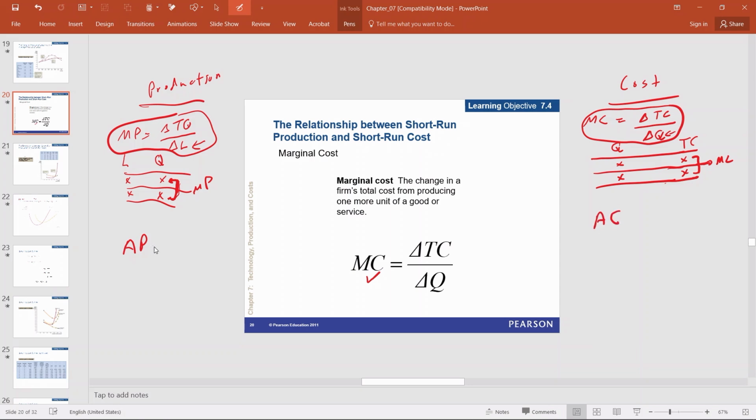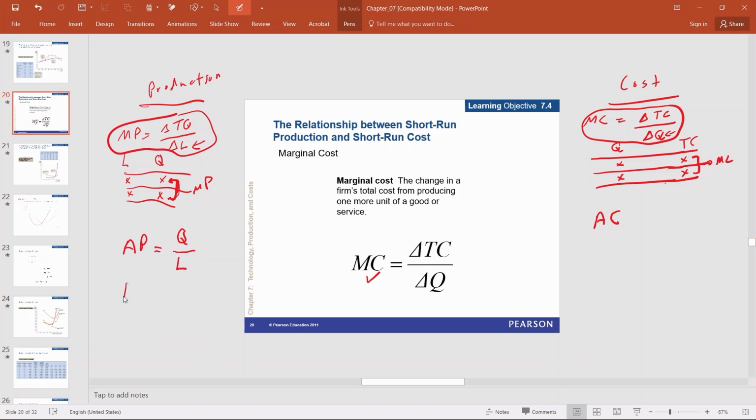Okay, now what about average production here and average cost here? Average production is you divide total quantity over the level of labor or input. So you want to know how many units each labor or level of labor produced. So here it's division.